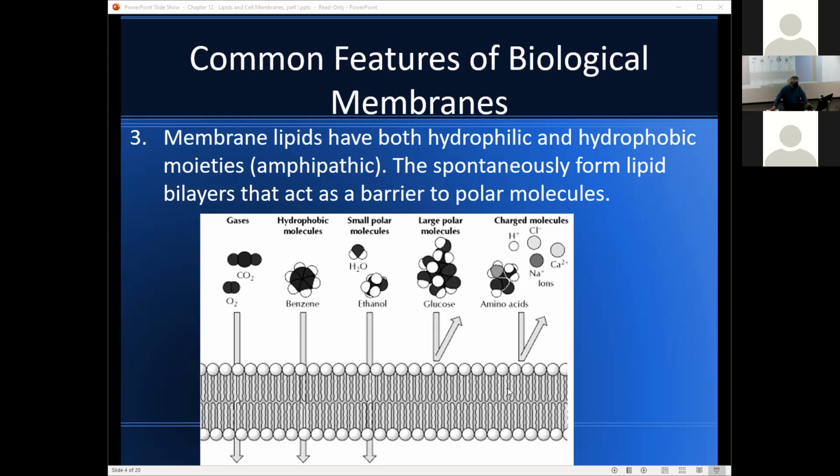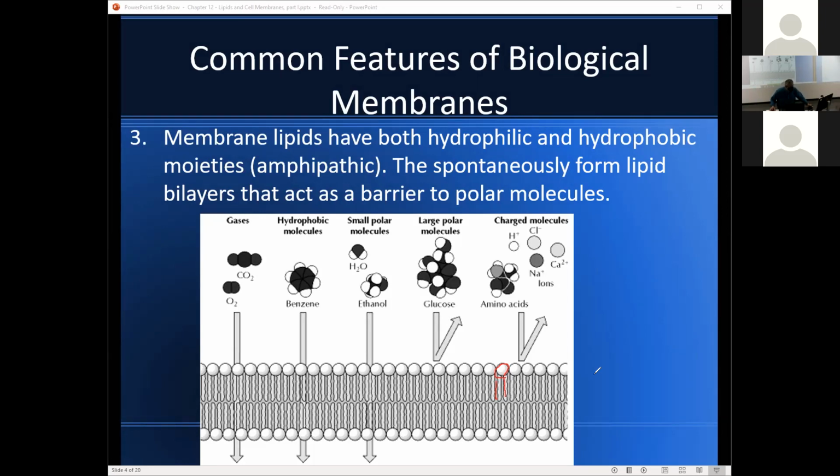A phospholipid has a hydrophilic head, represented in this drawing by these round heads, and two hydrophobic hydrocarbon tails from two fatty acids, in the center here, represented by these straight lines.